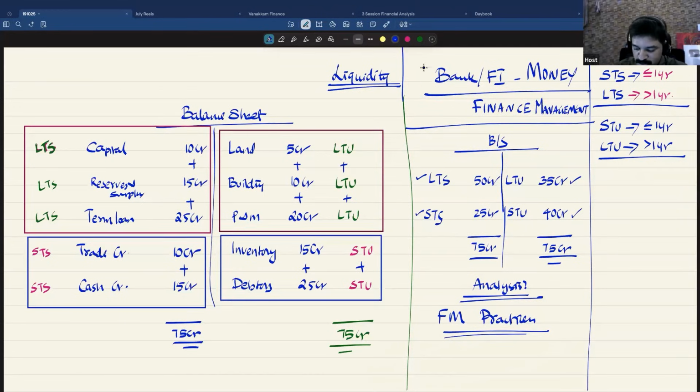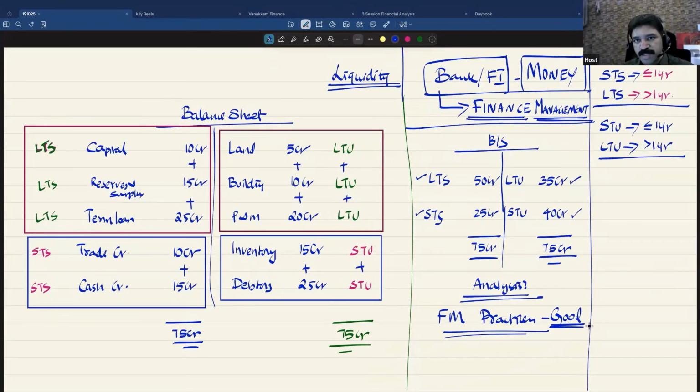So banks and financial institutions, the basic product they are selling is money. So they want to ensure they are giving it to the people who are capable of managing that finance. So are they doing good financial management or bad financial management? Banks and financial institutions are obsessed with this. They will give money only to those who have good financial management practices.